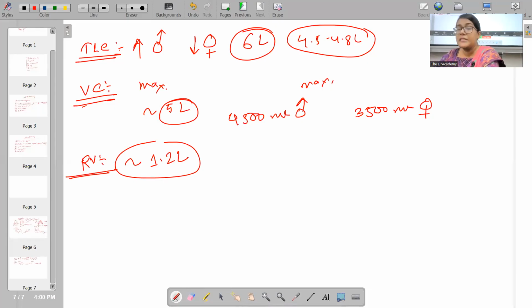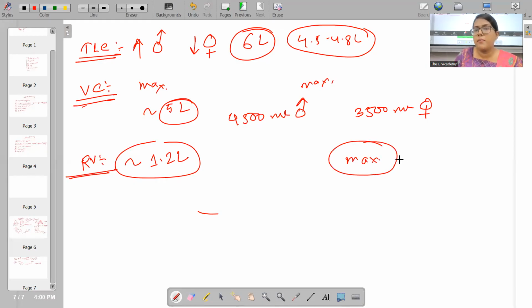Even I find it a bit difficult, and I'm very sorry to tell you that there is no hard and fast rule, like mathematics, to remember it by. So yeah, I think I'm right about the residual volume. There is only one max, and that is maximal expiration. So this is the volume of air remaining in the lungs after taking maximal expiration, roughly around 1.2 liters for both male and female, okay?